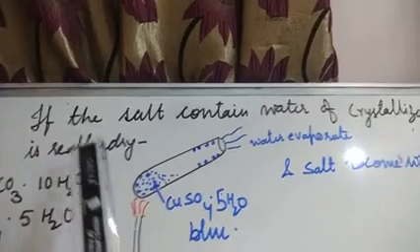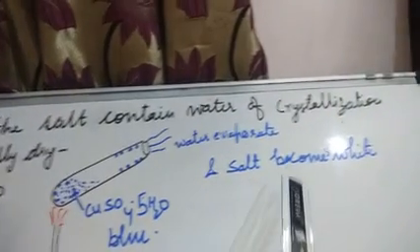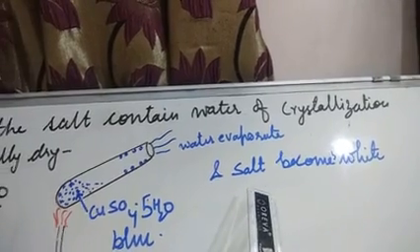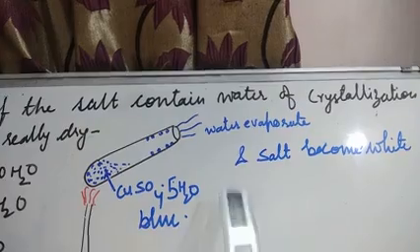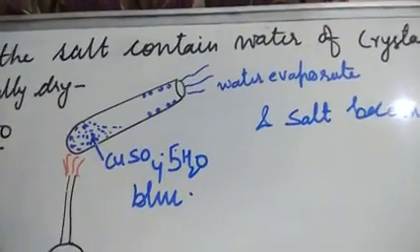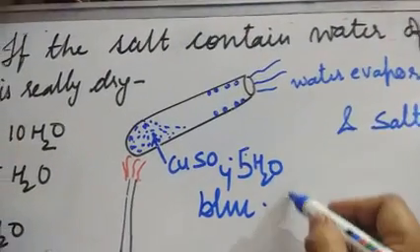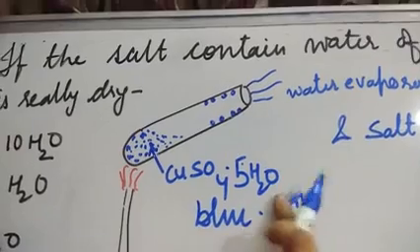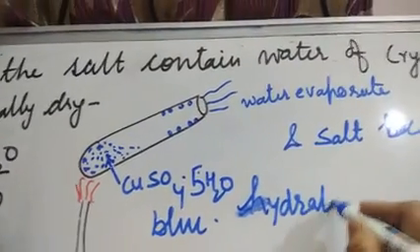But on heating, it evaporates out its water of crystallization and becomes anhydrous. So this copper sulfate which has 5H2O is called hydrated salt.